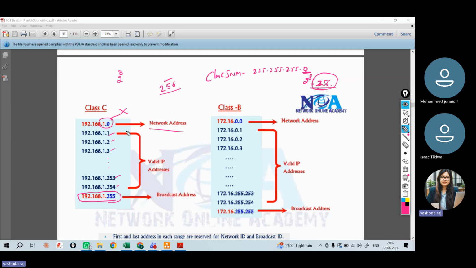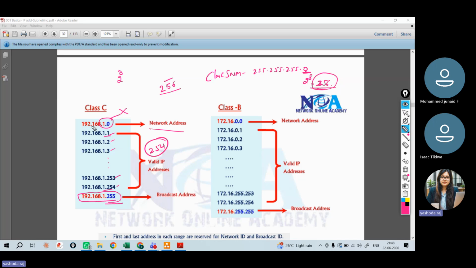In that, 1.0 is a network address. We are not going to assign this to any user. And the last address of the range, 1.255, will be named as the broadcast address. This is also not going to be assigned to any host in a network. In between, 1.1 to 1.254, we get altogether 254 IP addresses.